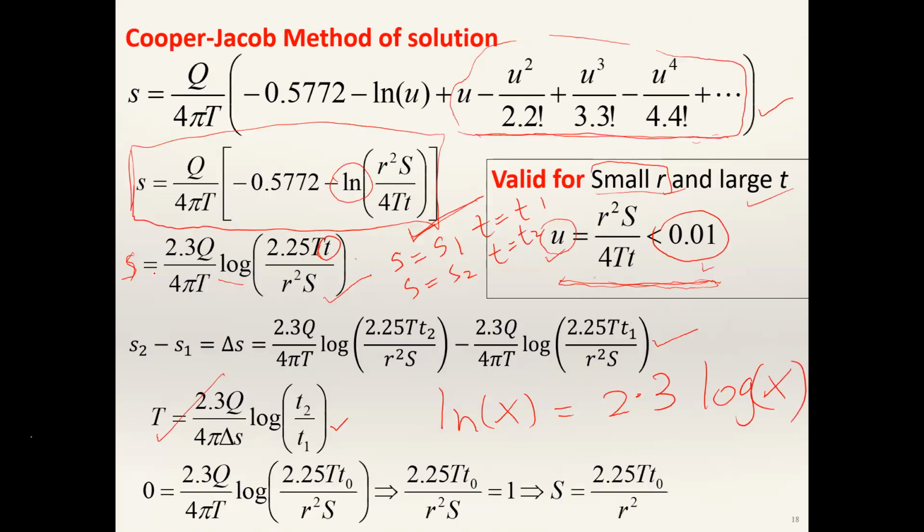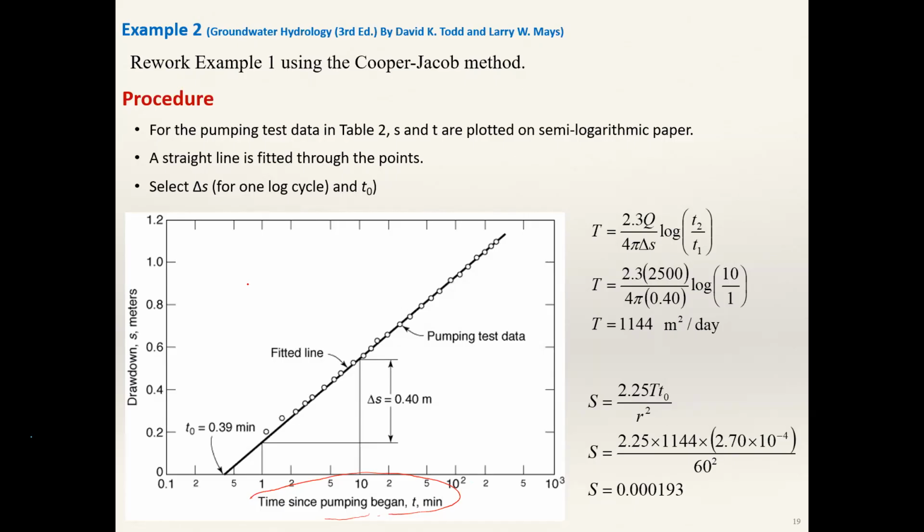Why is it? According to this equation, S is in the normal scale, T is in the log scale. So you plot the values and then you plot a best fit line. This black continuous line is the best fit line. These values that we have here are the readings, drawdown and the log T.